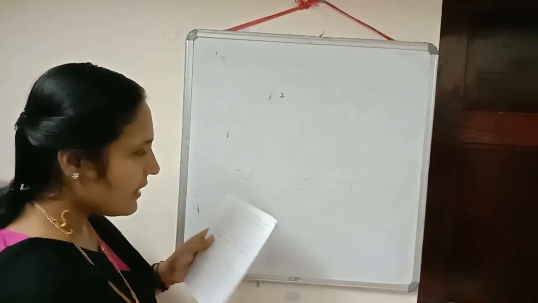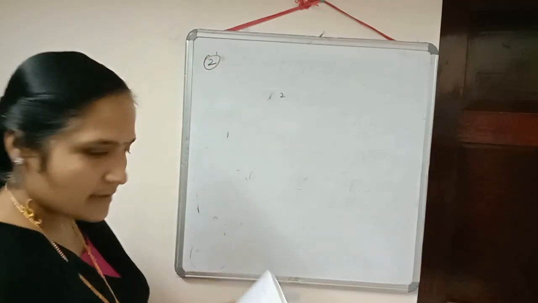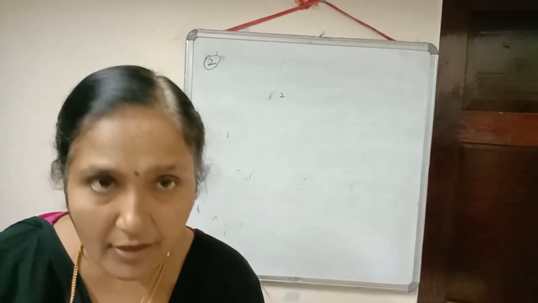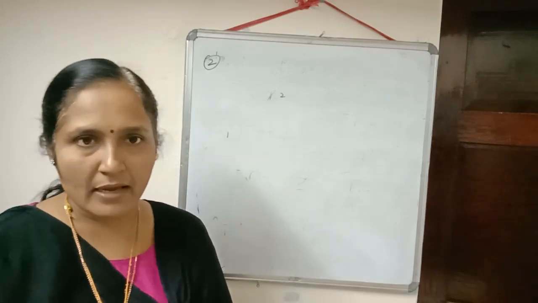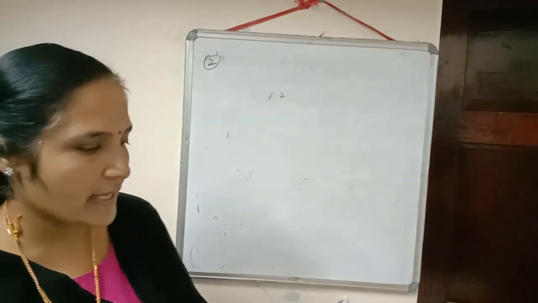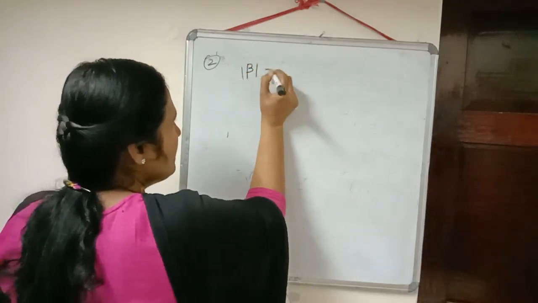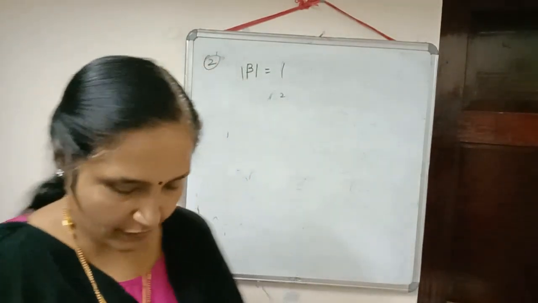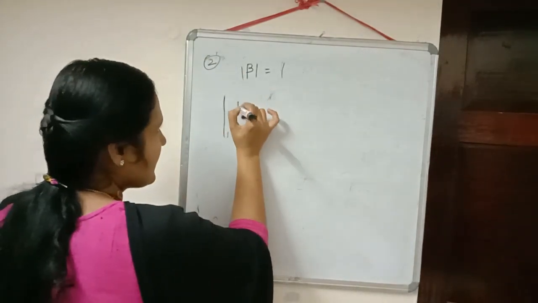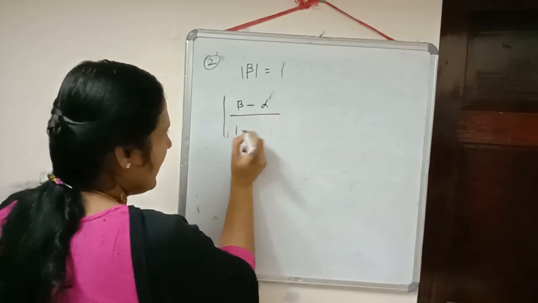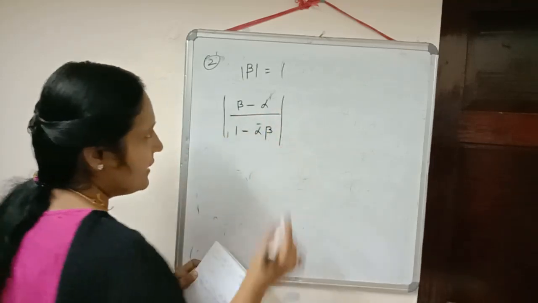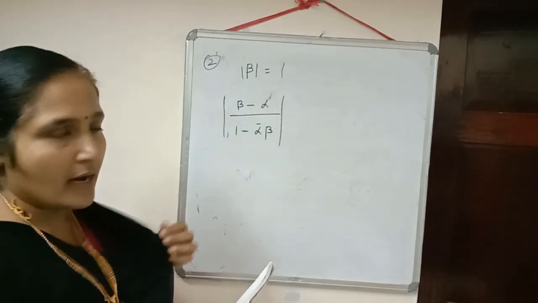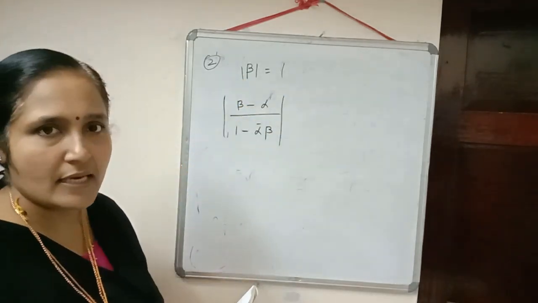Second question is, if alpha and beta are different complex numbers with mod beta is equal to 1, then find the modulus of beta minus alpha by 1 minus alpha bar beta. And already one condition is given, mod beta is equal to 1.